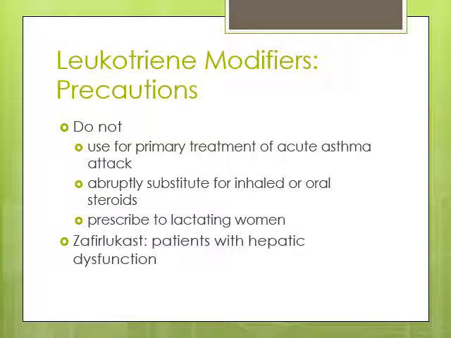Now, when you're looking at precautions and contraindications, one of the things I need you to understand is that it is not used for primary treatment of acute asthma attacks, so it's not a monotherapy. And as we spoke before, monotherapy means just one. It's not monotherapy for acute asthma attack. It's a tag along for asthma. Now, the only true contraindication is hypersensitivity to the components.